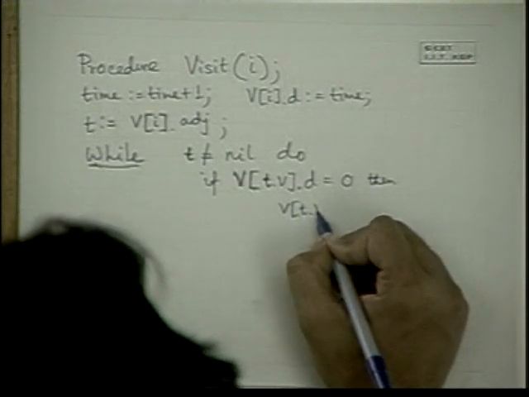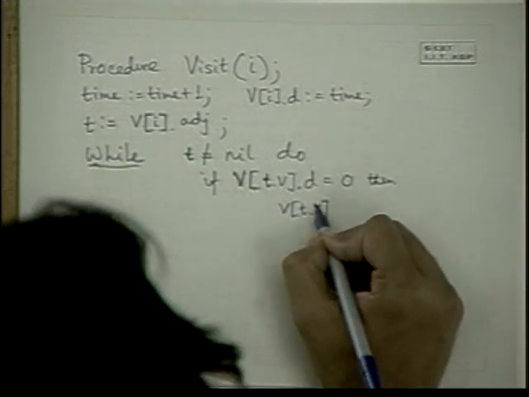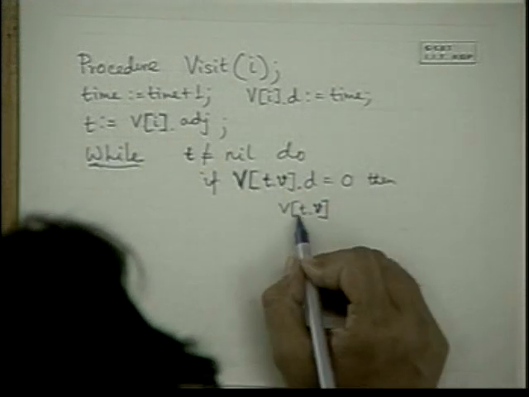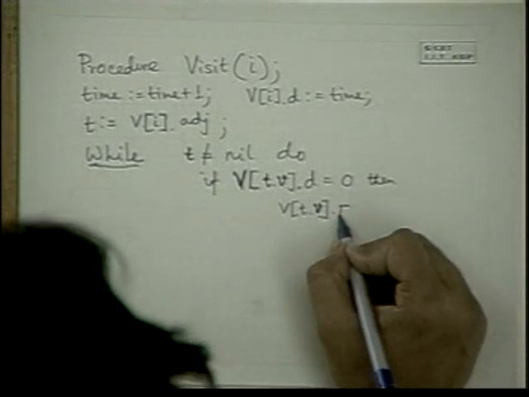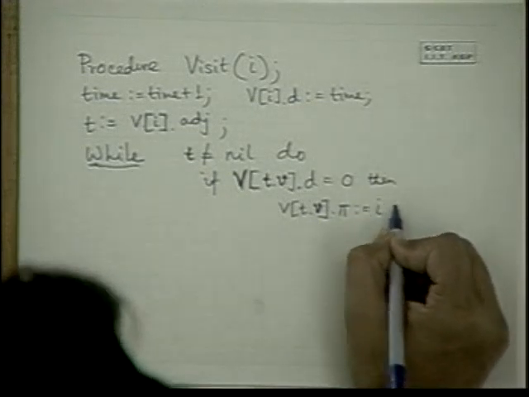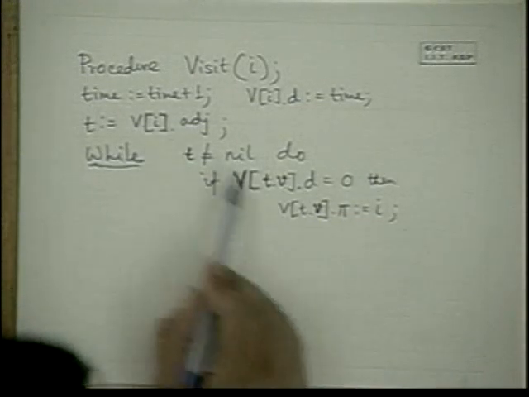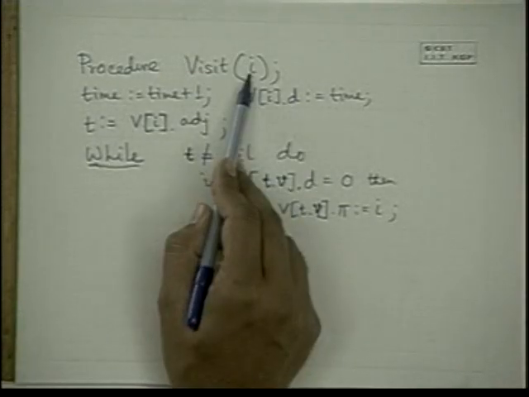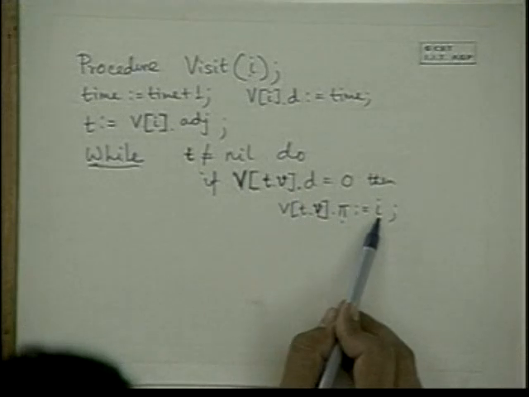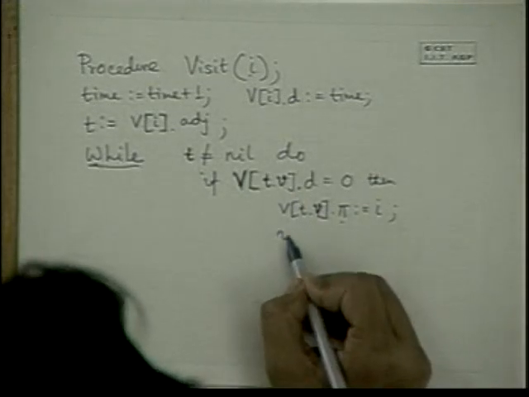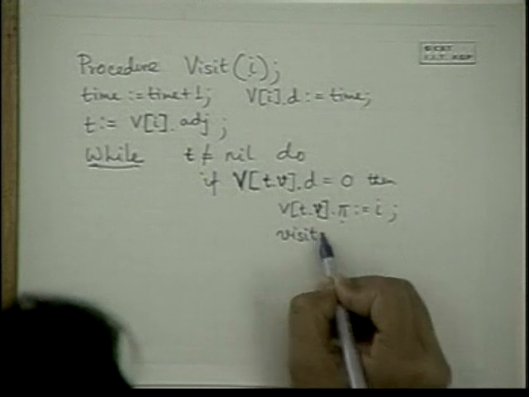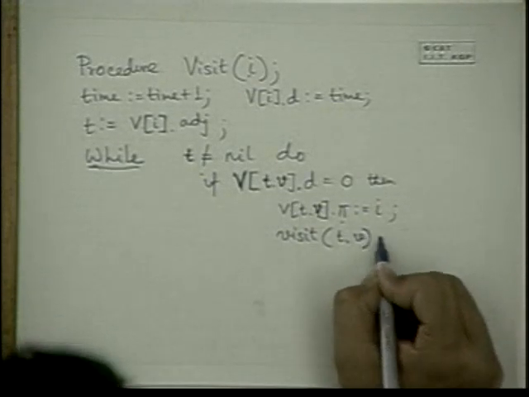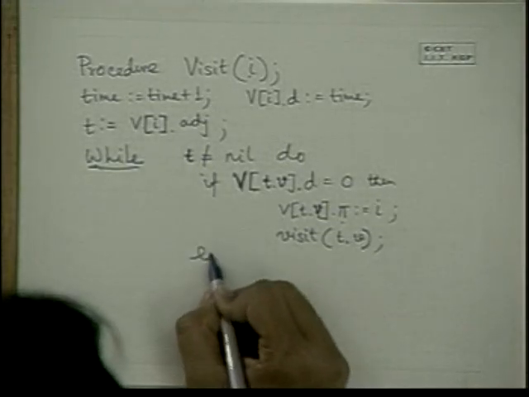So this is small v, this is a big V. V t dot v dot pi field is initialized here as I, because you are visiting this vertex v from the vertex I. So its pi field is initialized to I, and you give a recursive call visit t dot v, and this is the end if.